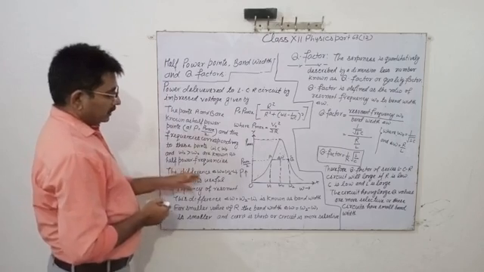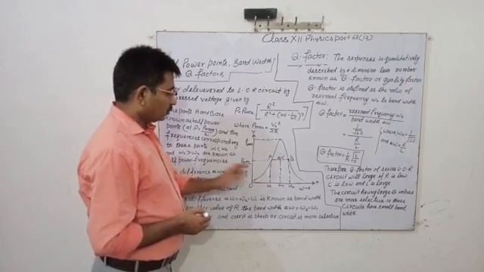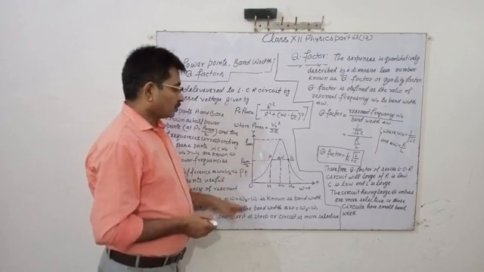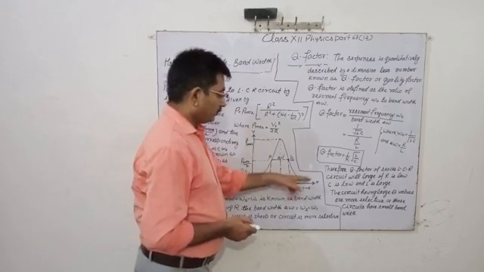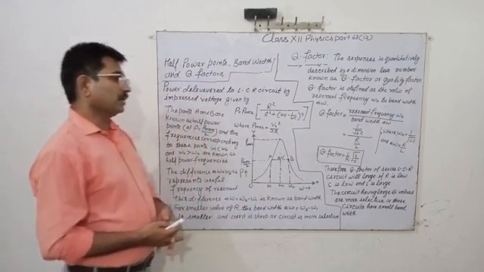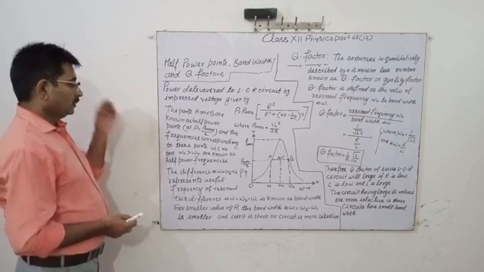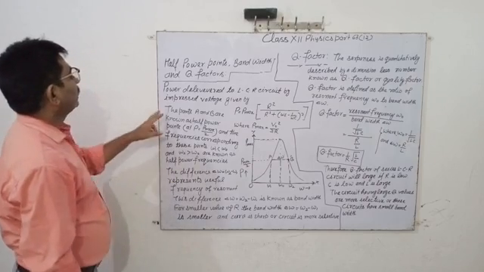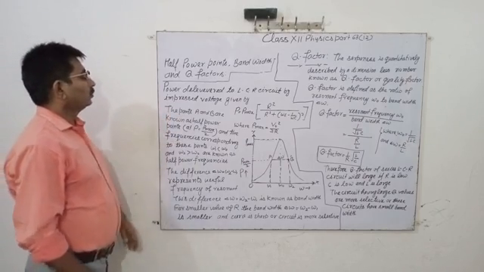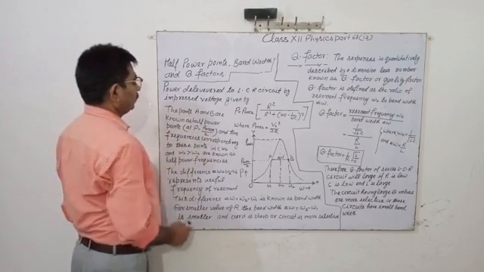When omega equal to 0, then power equal to 0. When omega tends to infinity, then power is also 0. From the graph it is very clear. The points A and B are known as half power points. Why?